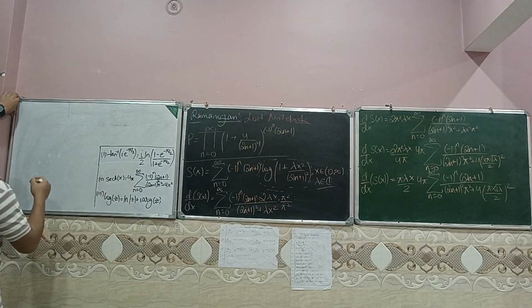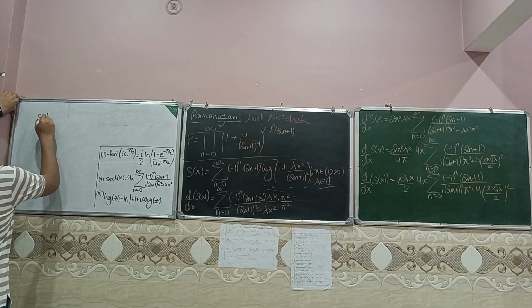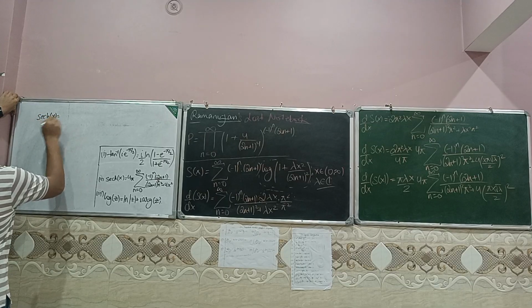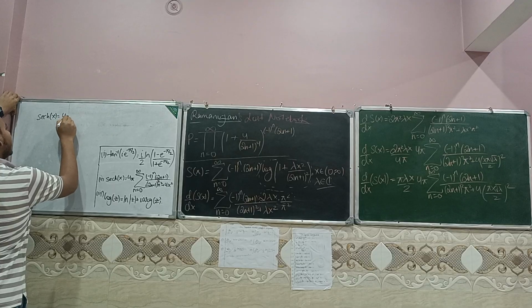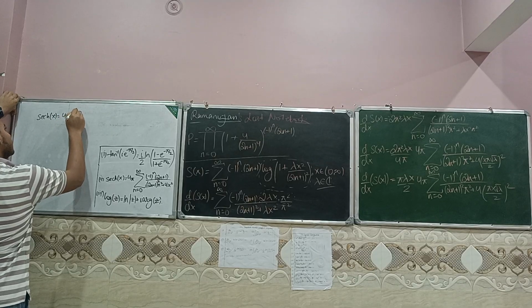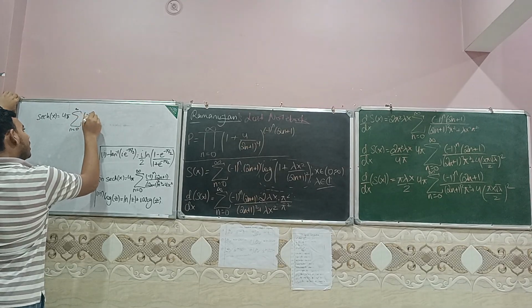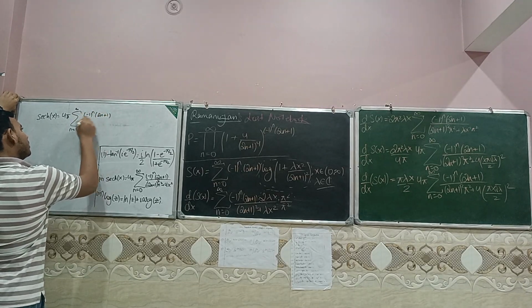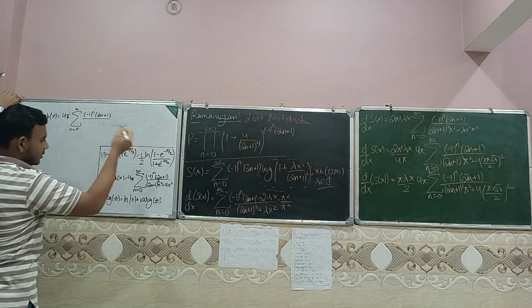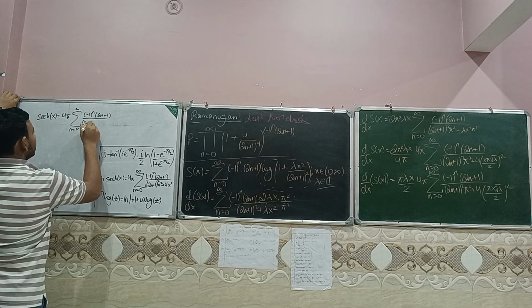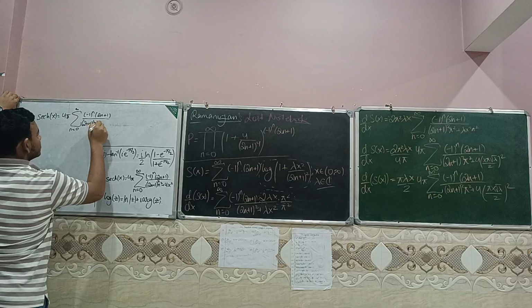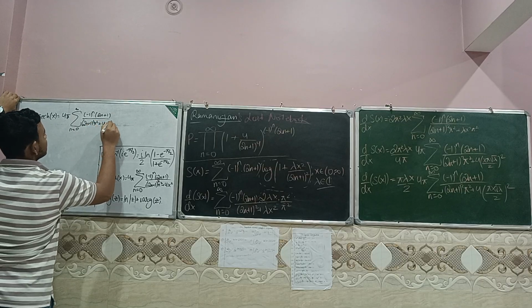Let's assume the hyperbolic secant of x is 4 pi times this infinite series, negative 1 to the n times 2n plus 1 over 2n plus 1 whole square times pi squared plus 4x squared.